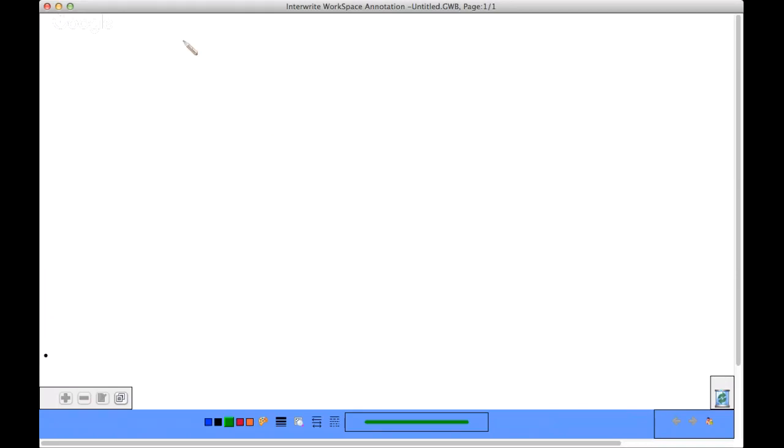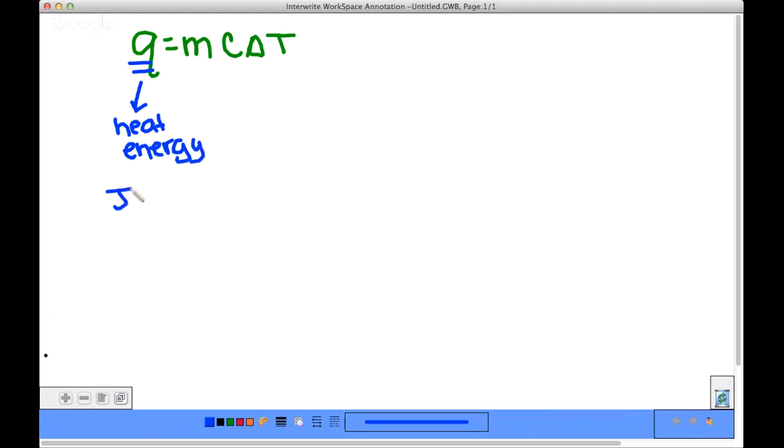Q equals MC delta T. We've gone over this a lot, but I'll go over it one more time. When you're thinking about this problem, don't forget that Q represents your heat or your energy, and we will always have it represented in joules or calories.